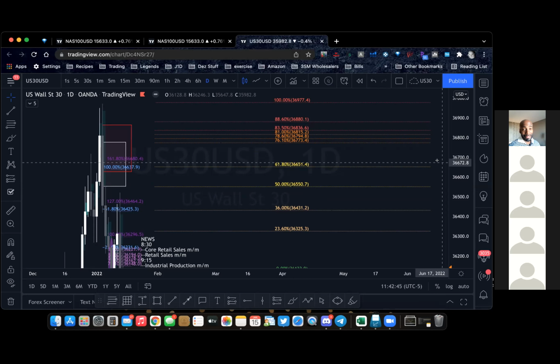So that's one of the differences that I noticed about where you choose to enter. It's really up to your comfort level. If you can handle the drawdown, then you can enter at the golden zone. If you can't handle the drawdown, then you may want to wait for the market to come to you a little bit higher, like the 78 or 81%.